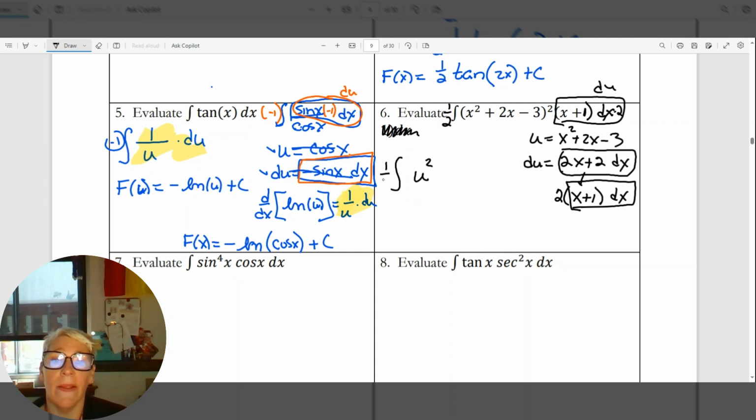I am now taking the antiderivative of 1/2 the integral of u squared, and everything else was du. So my antiderivative: constant multiplier of a half, keep the base, add 1 to the exponent, divide by the new exponent, or multiply by the reciprocal, plus c.